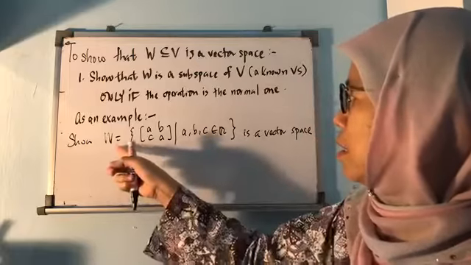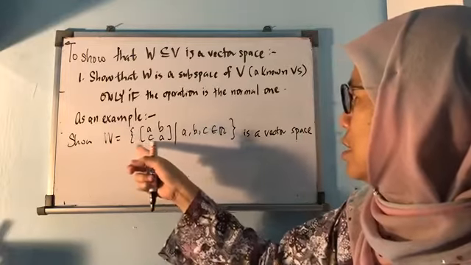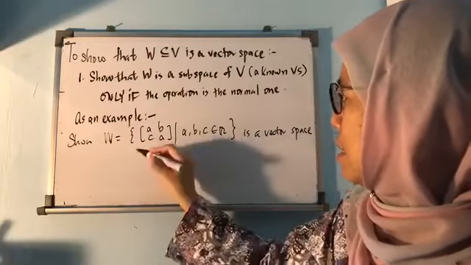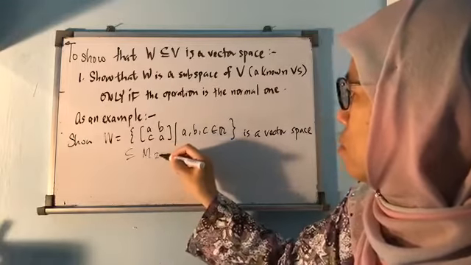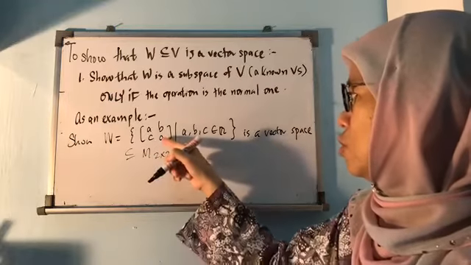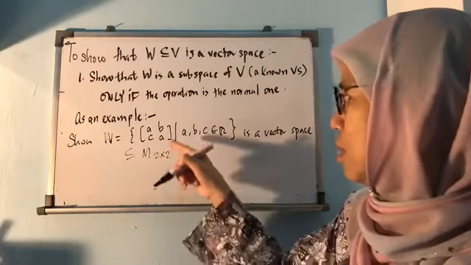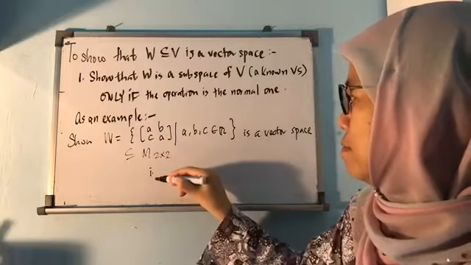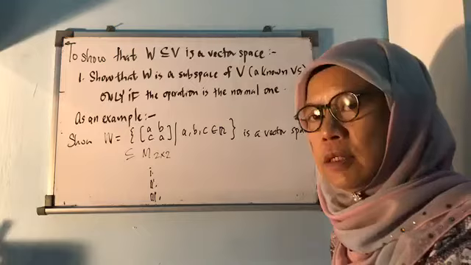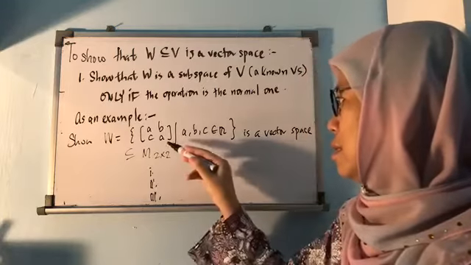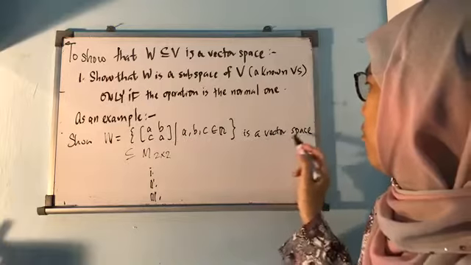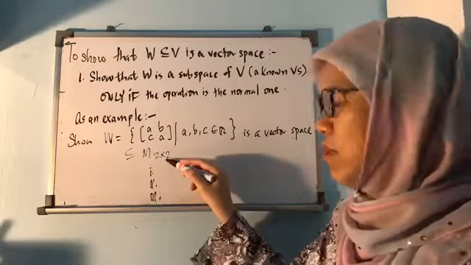As an example, you want to show W is a vector space. You can see that this is a subset of M 2 by 2, which is already a vector space. So instead of showing 10 axioms, you can just show the 3 subspace tests, because the rest is already true from being a subset of a vector space.